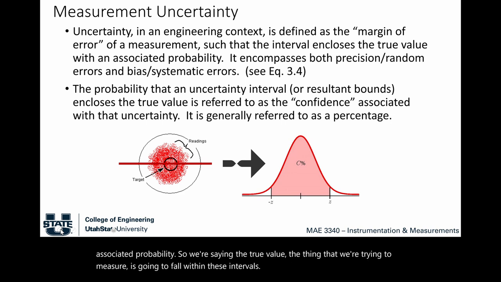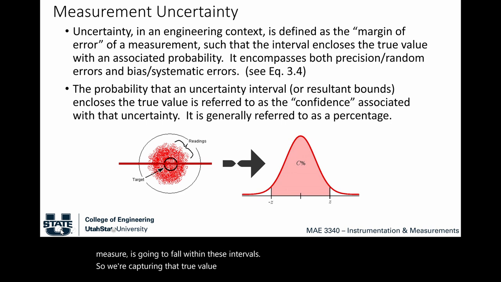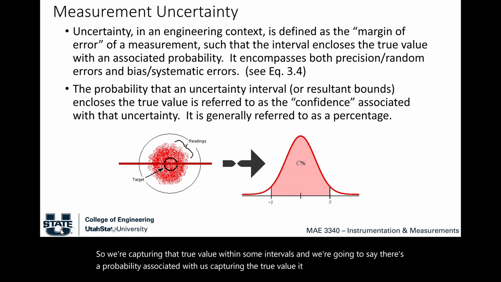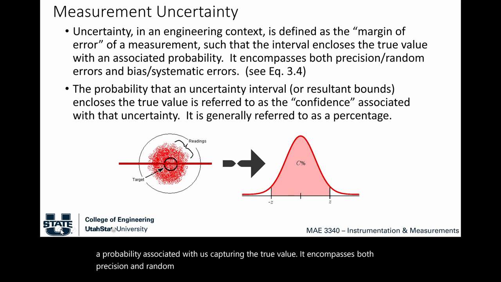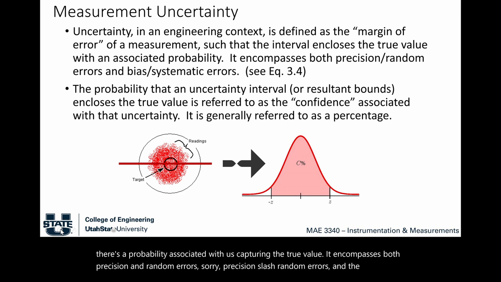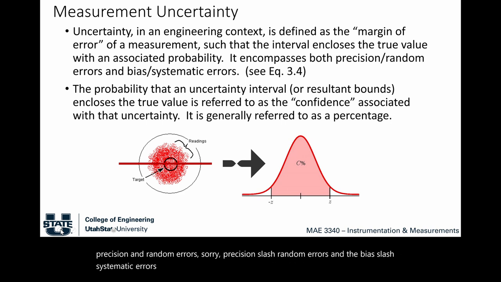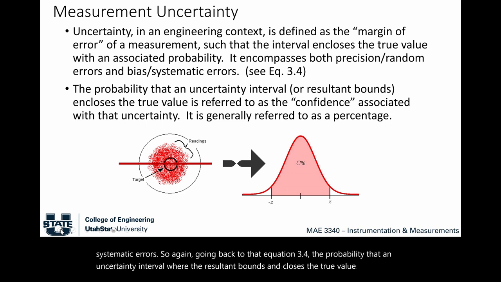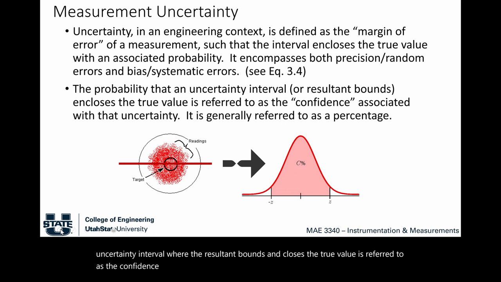We're capturing that true value within some intervals, and there's a probability associated with us capturing the true value. It encompasses both precision/random errors and bias/systematic errors. So again, going back to equation 3.4, the probability that an uncertainty interval, where the resultant bounds enclose the true value, is referred to as the confidence associated with the uncertainty.